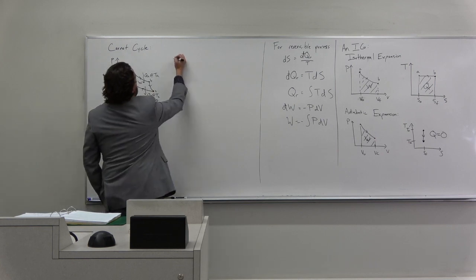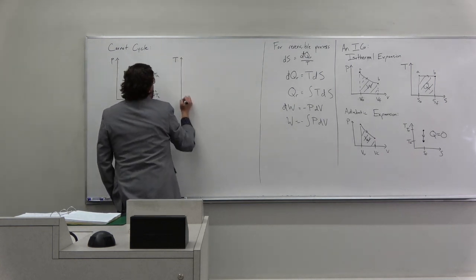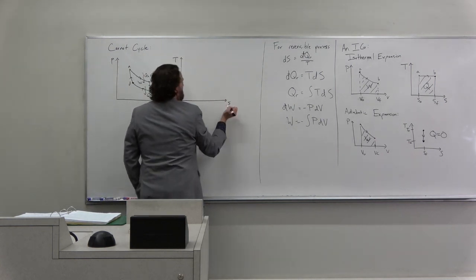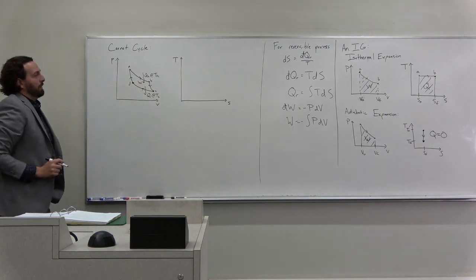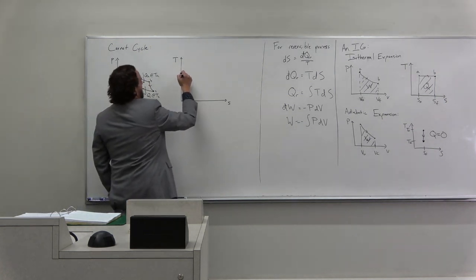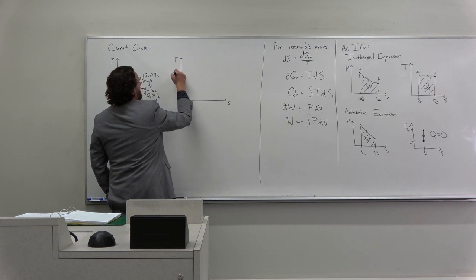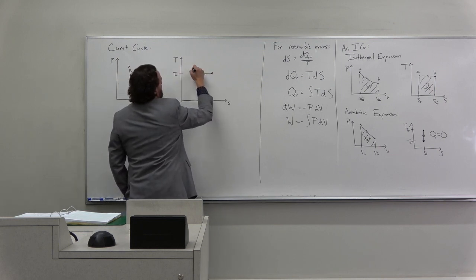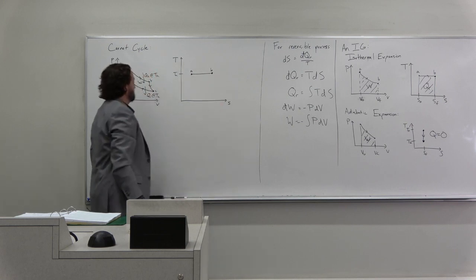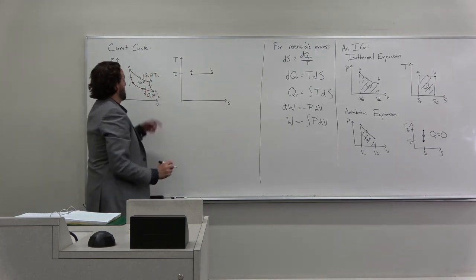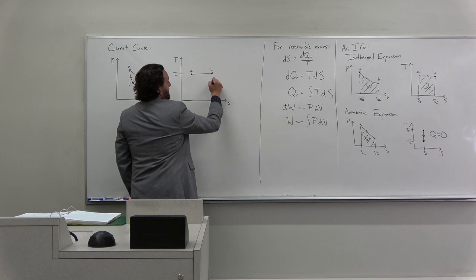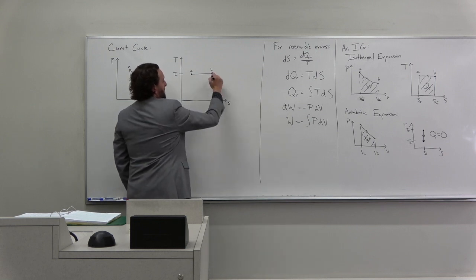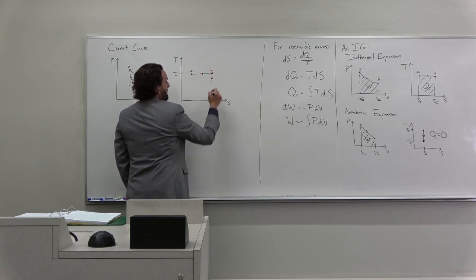Now, what about on a TS diagram? What does this look like? Okay, well, first thing that's going to happen is we're going to be at a constant temperature, TH. So from state A to state B, we were at constant temperature. State C to state D, well, we were along an adiabat, so it's a straight line down.